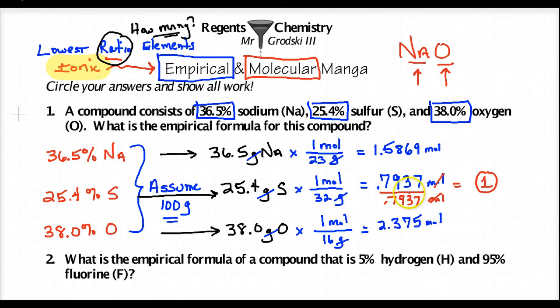Okay? Any case, I'm going to divide this by 0.7937. Of course, I'm going to get a number, and that number, when you put it in your calculator, 1.5869 divided by 0.793, interesting enough, you get 1.999, which you can round off to 2. Why am I getting 1.999 and not exactly 2?